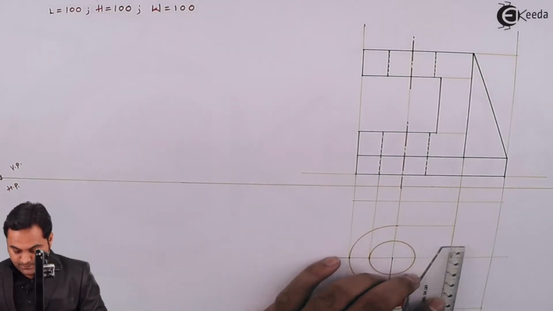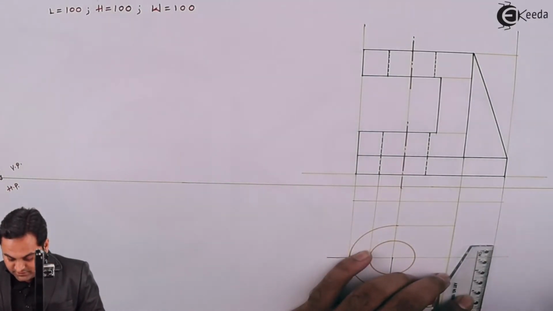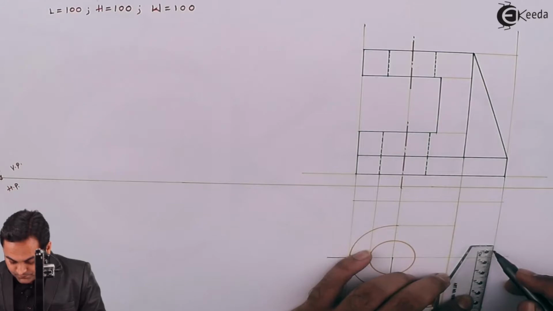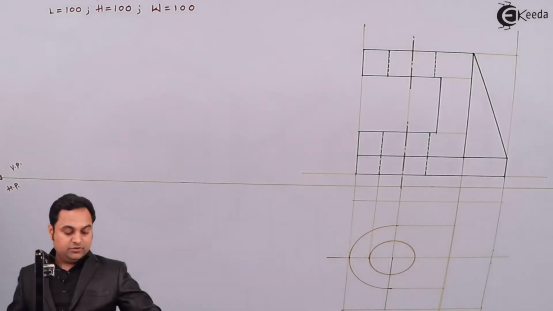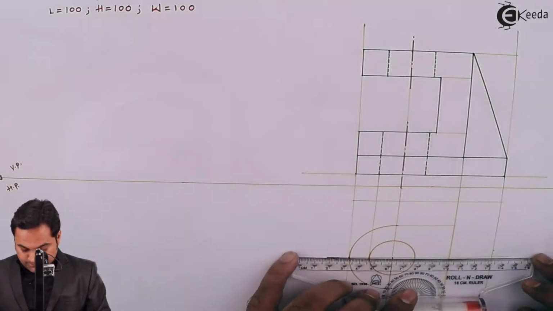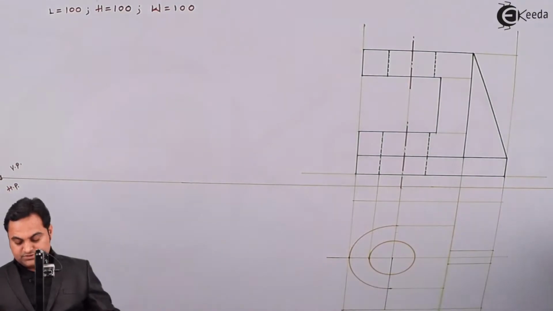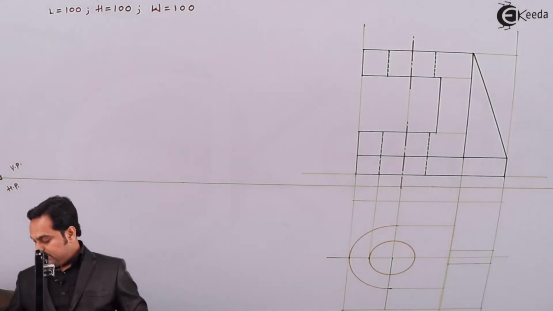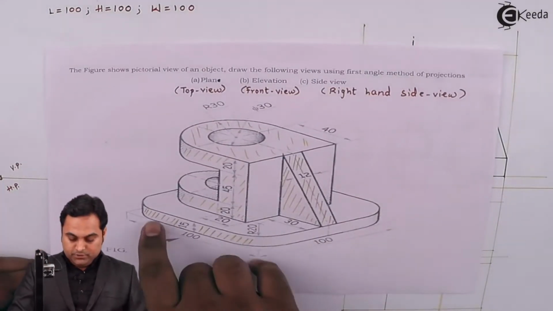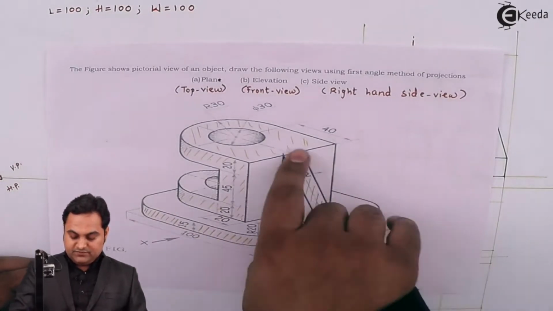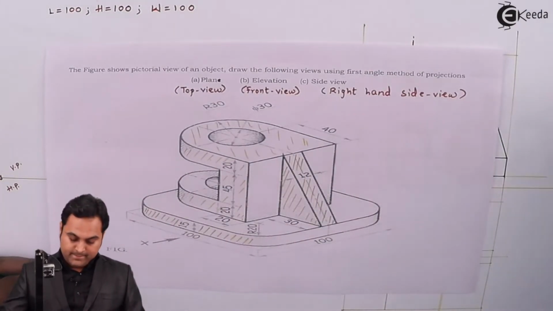So I'll measure 6 mm on one side and 6 mm on the other side, so that we get the width of the rib. This is the rib.